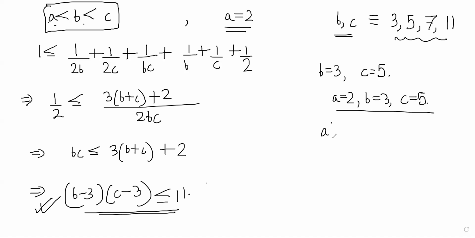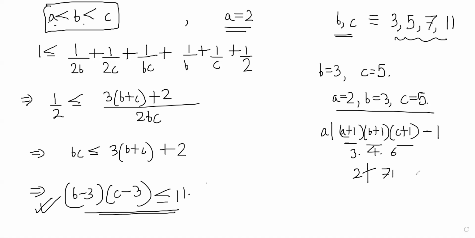You had A divides A plus 1, B plus 1, C plus 1 minus 1, and similarly for B, C. So let's calculate A plus 1, B plus 1, C plus 1 here. It is 3 times B plus 1 is 4 and C plus 1 is 6. So 71. So 71 is a prime. So 2 does not divide 71. So 3 does not divide 71. So basically this doesn't work. This case doesn't work. So that means B cannot be 3.